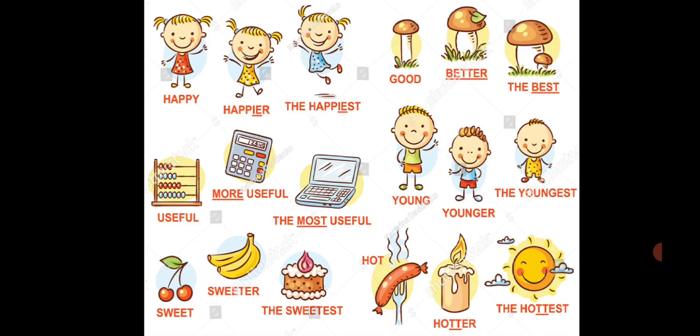When we are comparing between two things, that is comparative, it is hot, hotter. And when we compare among three or more than three things, then we will say hot, hotter, hottest.